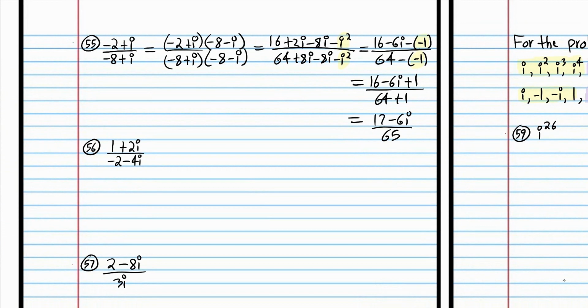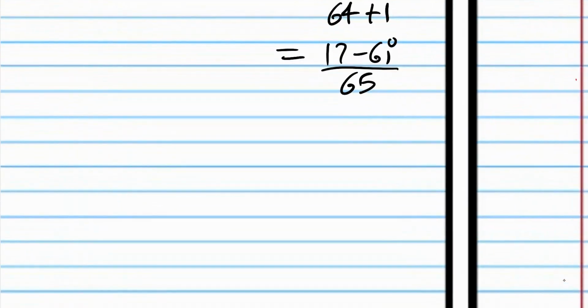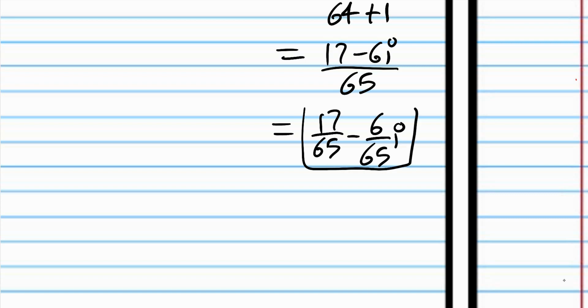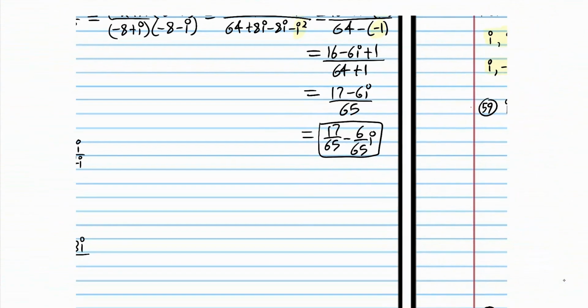And then our final answer, you're going to separate those, so we get 17 over 65 minus 6 over 65 i. So if you got that answer, good job.